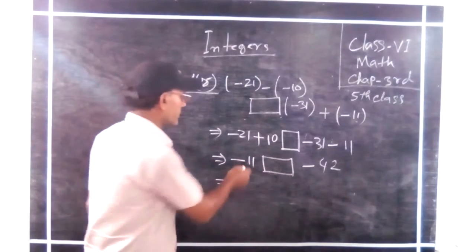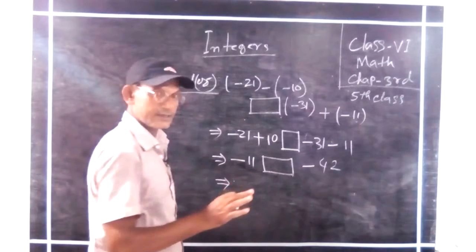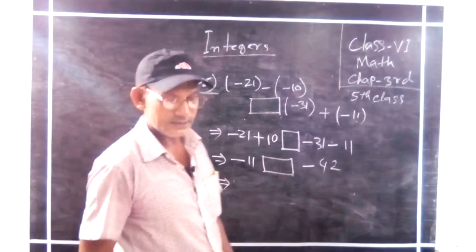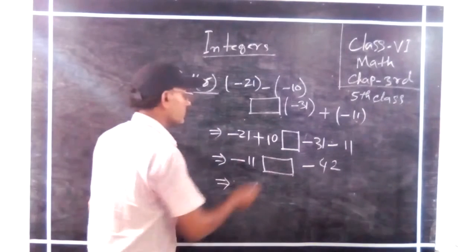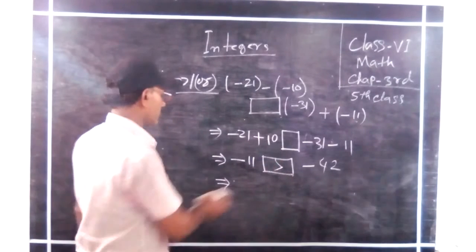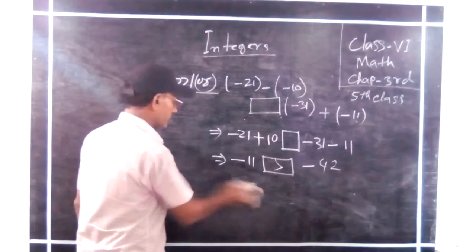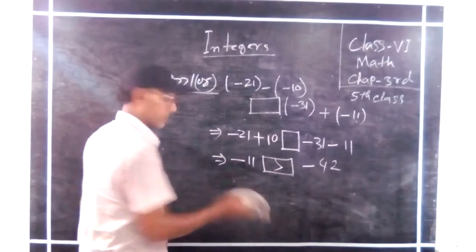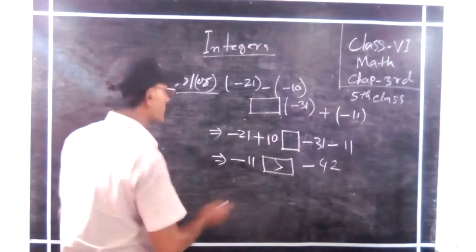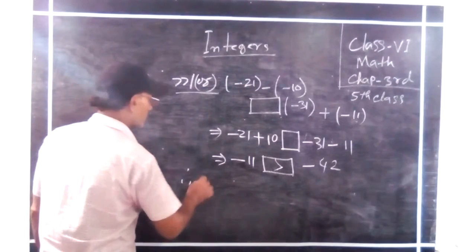So minus 11 is greater than minus 42. We can write here the greater than sign. So we have no need of the next line.